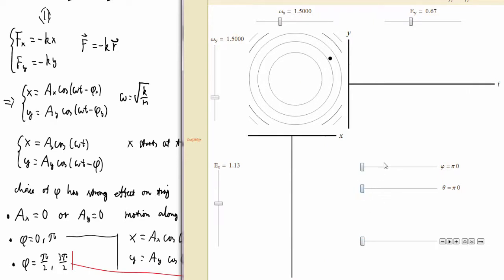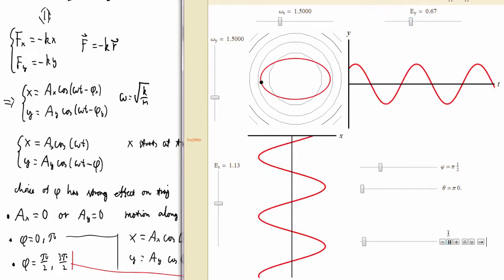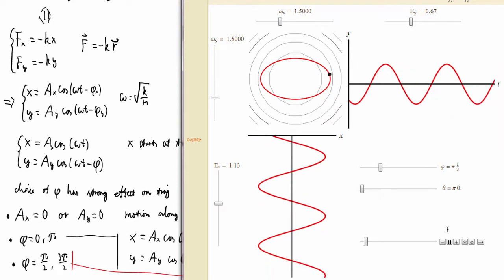Okay. And then we will take the case of phi equals pi over 2. Oh, that was the wrong one. This is phi. That's pi times 1/2. That's pi over 2. And then we'll run the oscillator. And just like we predicted, this is an ellipse.